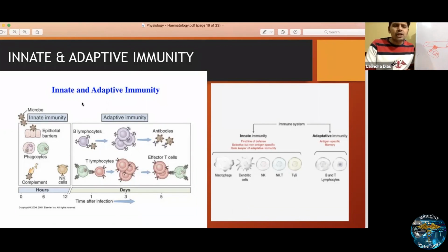Here you can see innate immunity is mainly cellular immunity. Can you see these guys? These are microbes entering the cells. And in innate immunity, the epithelial barriers are there, the skin barrier and the mucosal membrane barrier. Skin is a barrier, and our mucosal membranes are also barriers, so there is less disease transmission.